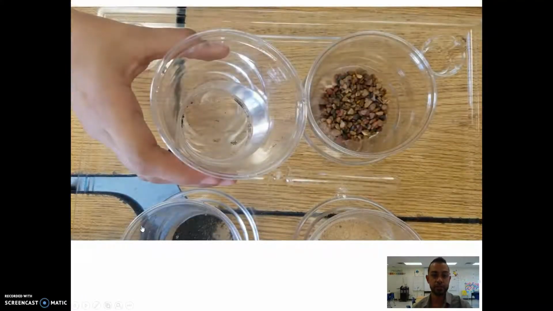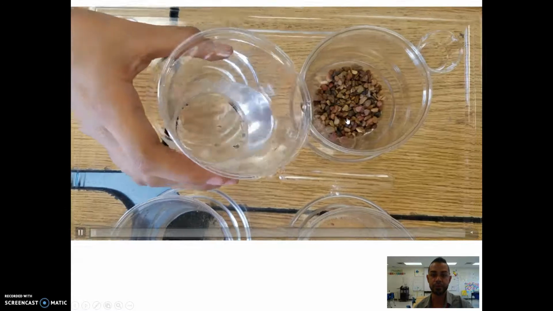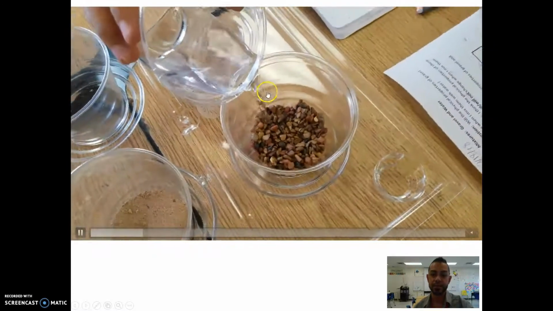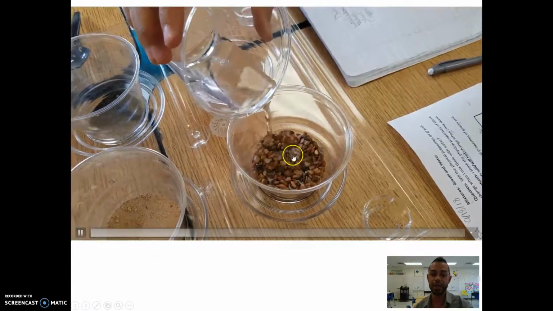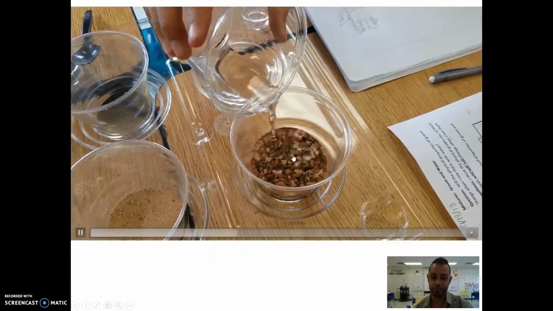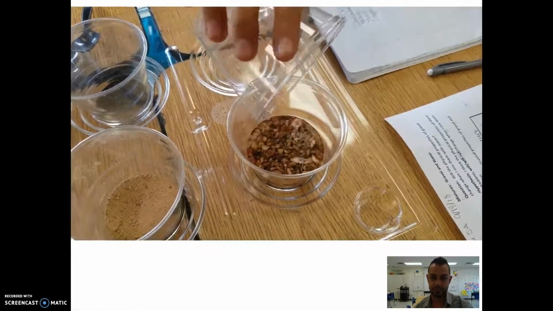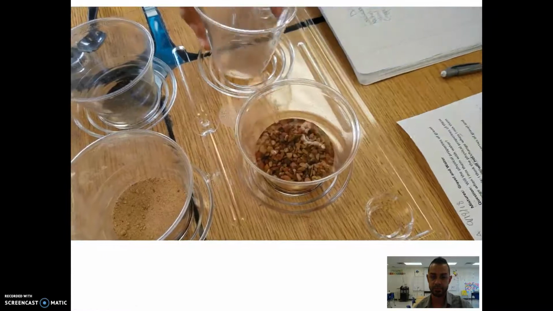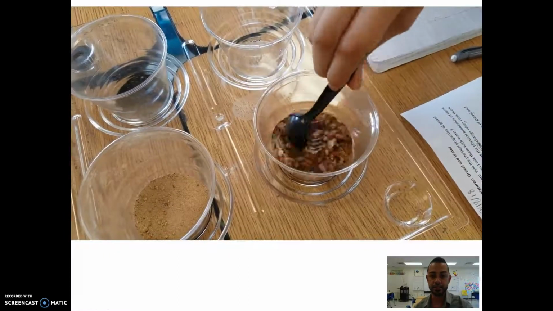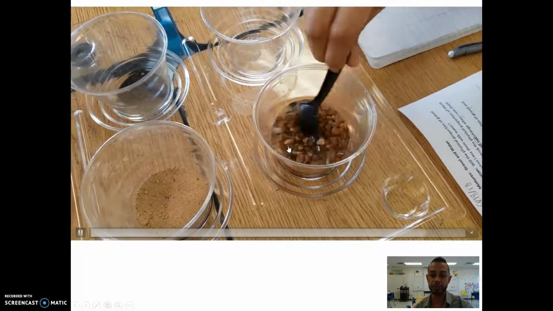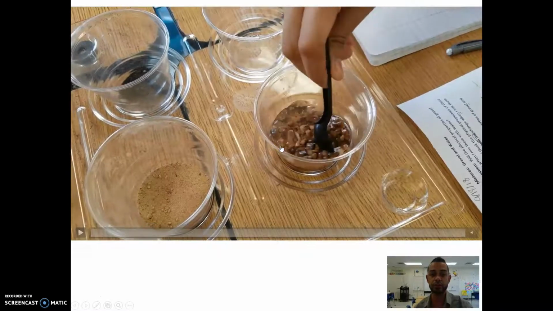So then we were trying to do another mixture. We were mixing water and gravel, right? Because in this case, the mixture is a liquid and a solid. And obviously, when you mix them together, they are going to keep their physical properties.